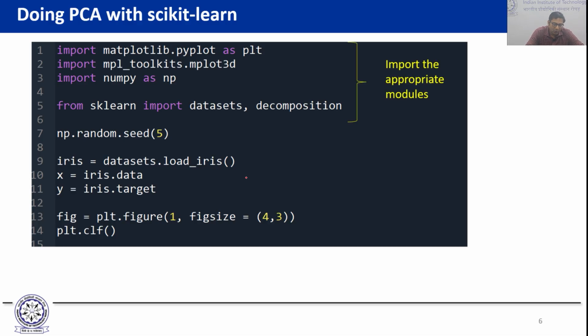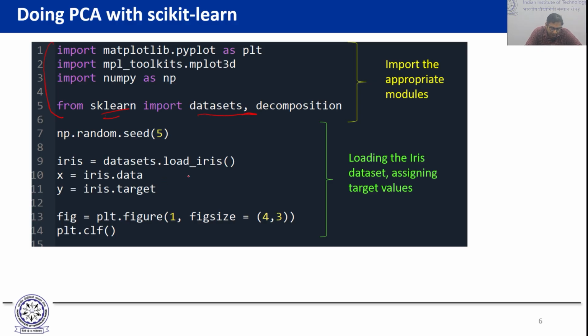So in this first part of the code, where you have all of these import commands, what we are doing is importing the appropriate modules. So matplotlib is needed in order to do the plotting. We are importing NumPy. We are using scikit-learn for the machine learning part, and from scikit-learn we are importing the datasets, because that is where the iris data set is stored. After that, the next thing that we will do is load the data set and start assigning the target values.